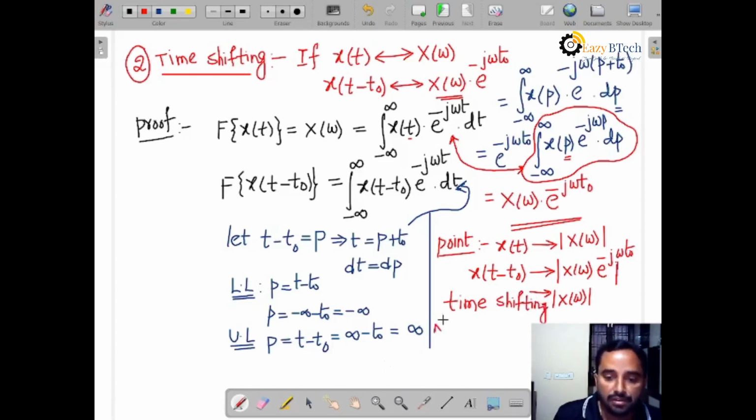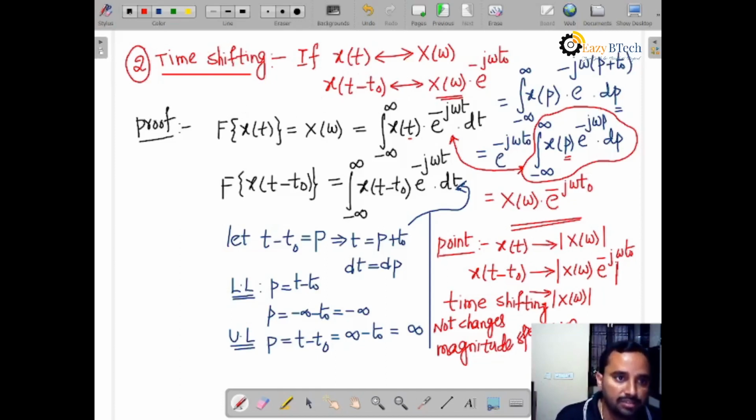Time shifting does not change the magnitude spectrum. So this is the point. Suppose we have x of t minus t naught. Minus t naught indicates a right shift. The signal is shifted to the right side. Then the spectrum X of omega gets multiplied by e power minus j omega t naught. Suppose you have x of t plus t naught, a left shift.